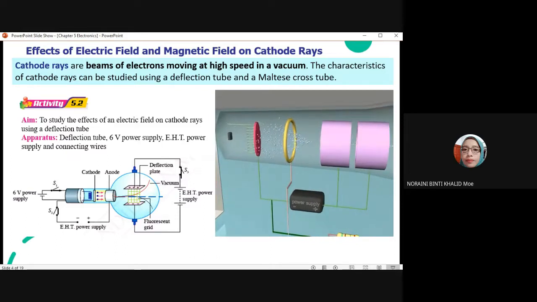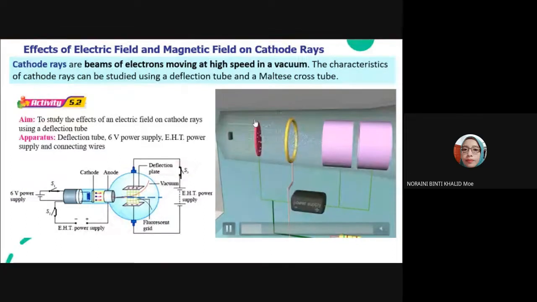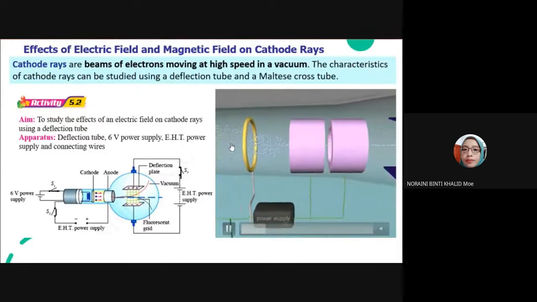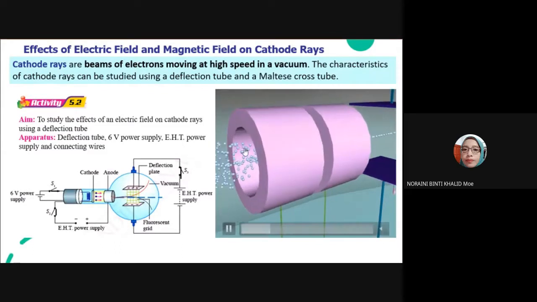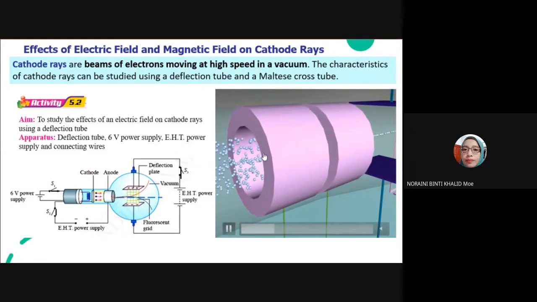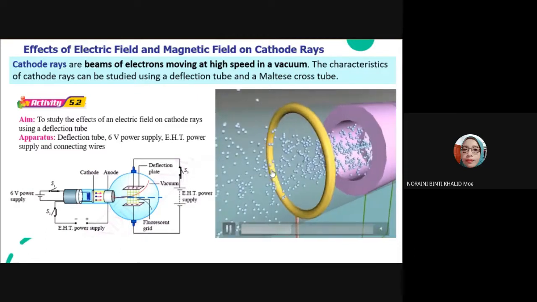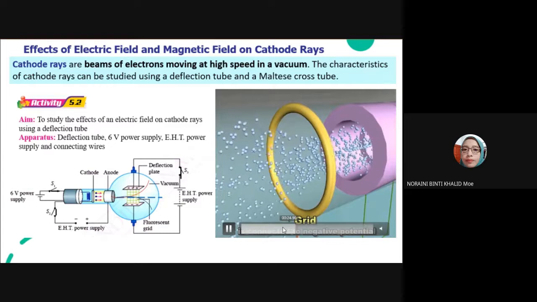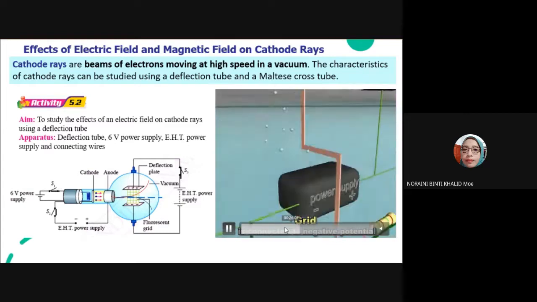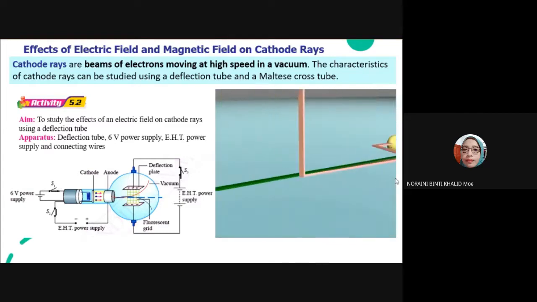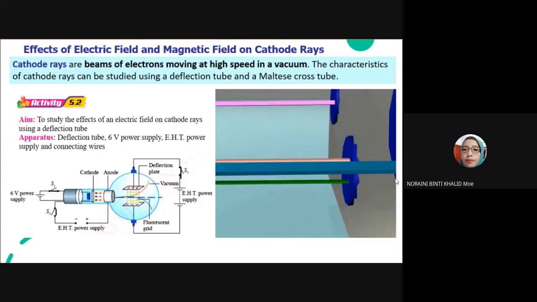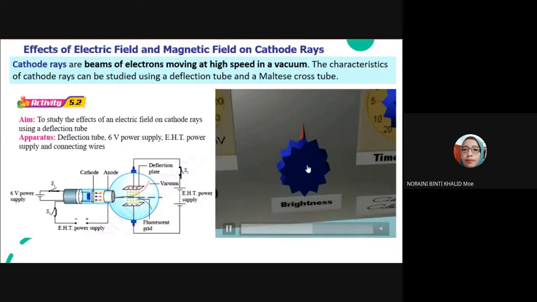Through thermionic emission, which we have discussed before, electrons are accelerated towards the anode due to the high voltage of the EHT power supply across the anode and cathode. There is a part we call the grid control. This grid is connected to the Y gain to control the brightness of light produced on the screen.